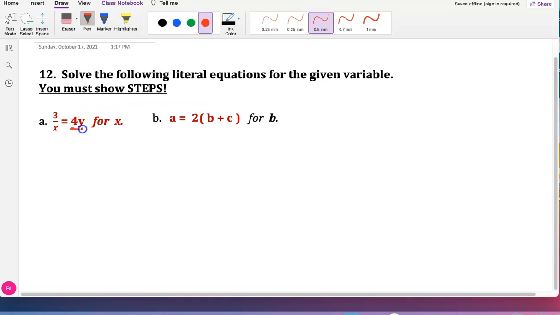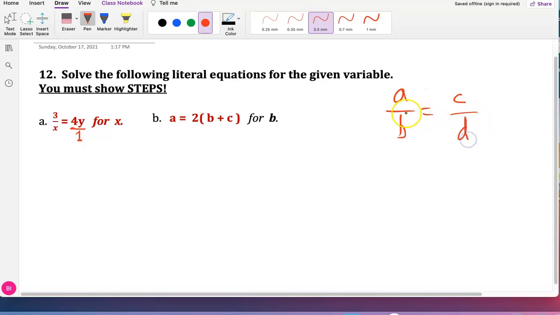And this 4y, let me write it as 4y over 1. So now you have 3 divided by x is equal to 4y divided by 1. Or the first ratio 3 over x is equal to the second ratio 4y over 1. It is like your ratio and proportion. A over b is equal to c over d.